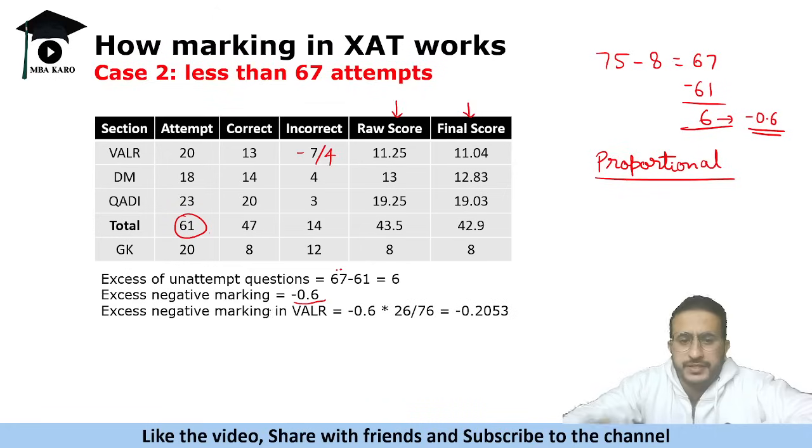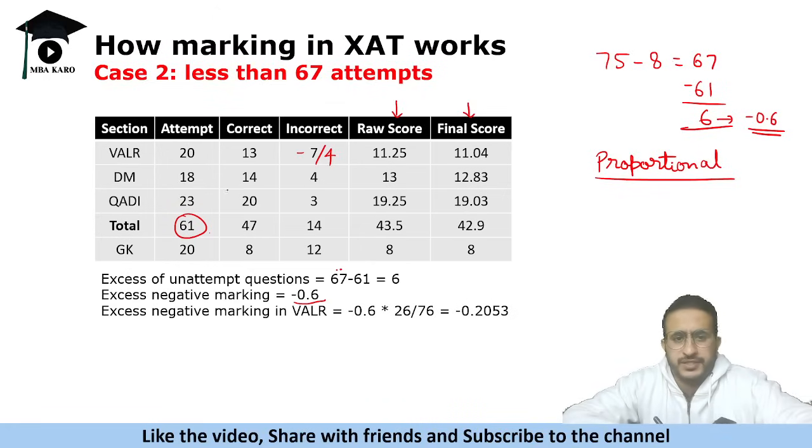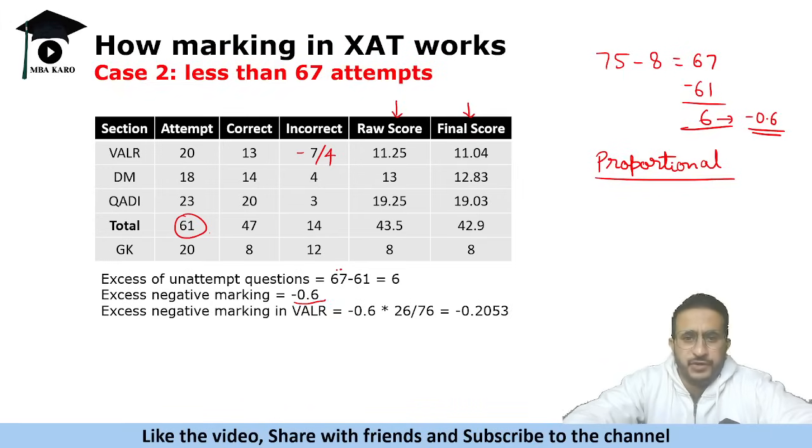Now how is it section wise? VALR will have 26 questions, out of a total of 75, not 76, so it is going to be upon 75.